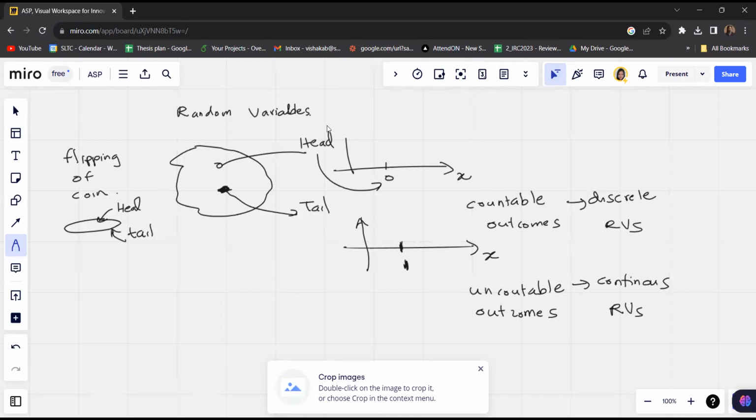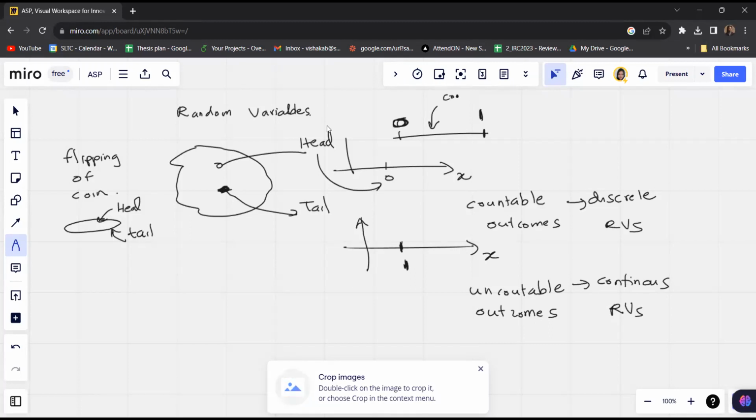If there are uncountable outcomes from this random experiment, we can denote each of those outcomes through a real number on the real axis. It could be any value. If the outcomes take a value between 0 and 1, any value in between this range can be taken as an outcome if it is a continuous random variable.